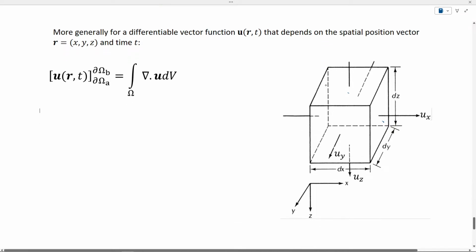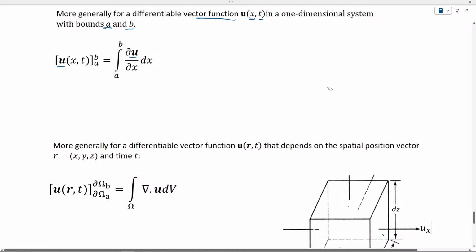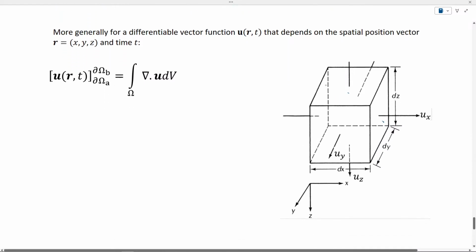But what I want you to see here is the similarity between this equation and this equation. So what does this equation mean? Basically, this equation is telling us something very important. It is telling us that you have this guy here, and you have this guy here.